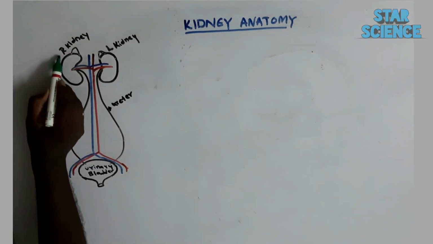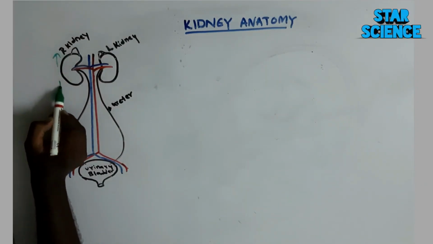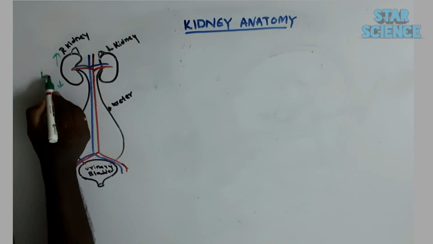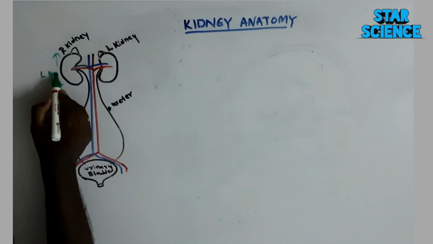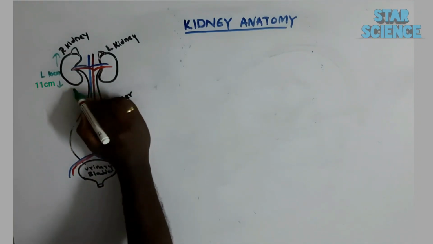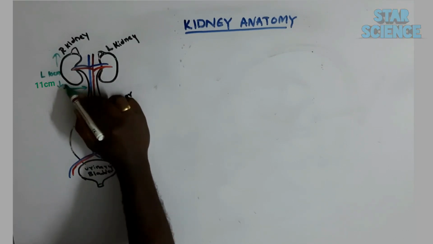Now we are going to see the exact size of the kidney. The length of the kidney is 11 centimeters, and some textbooks say 10.5 and some say 11, and it's no problem.